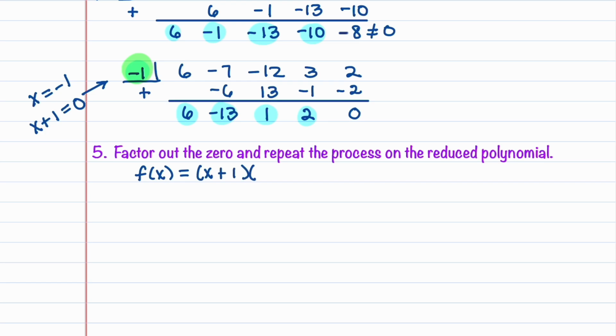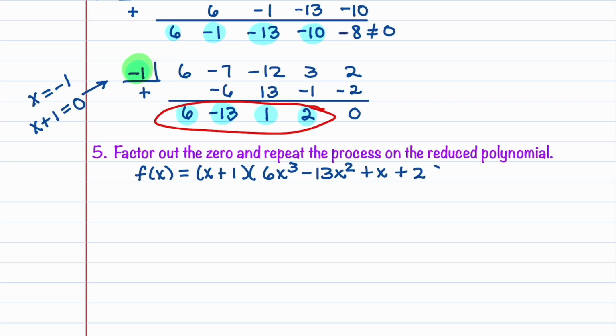Hang with me, I know this is not easy. Now we're going to use these coefficients right here for our reduced polynomial. We started out with an x to the 4th, so now we're going to have an x cubed. So we have 6x cubed minus 13x squared plus x plus 2.